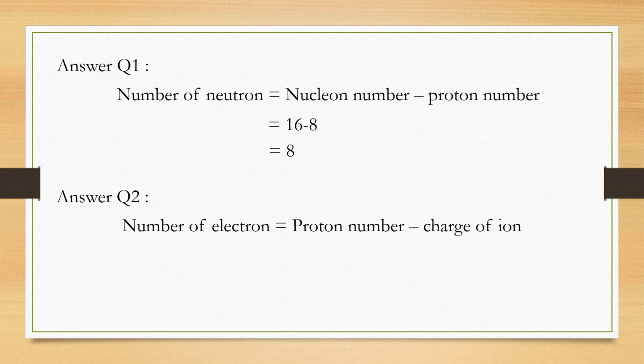For question 2, number of electrons is equal to proton number minus charge of ion. Since oxygen is neutral in charge, it carries zero charge. Therefore, number of electrons is equal to 8 minus 0 equals 8.